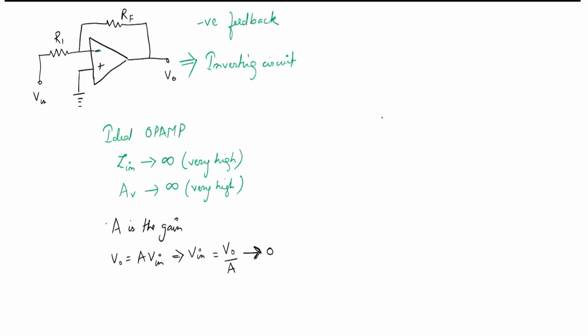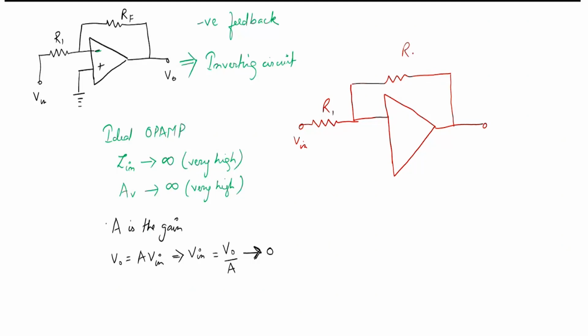Let me draw the circuit here. I'll draw it a bit bigger. Here is the V in. This is R1, this is RF, and you are grounding the non-inverting input. Since V input tends to 0, whatever the voltage at this point, I will call it Vx.